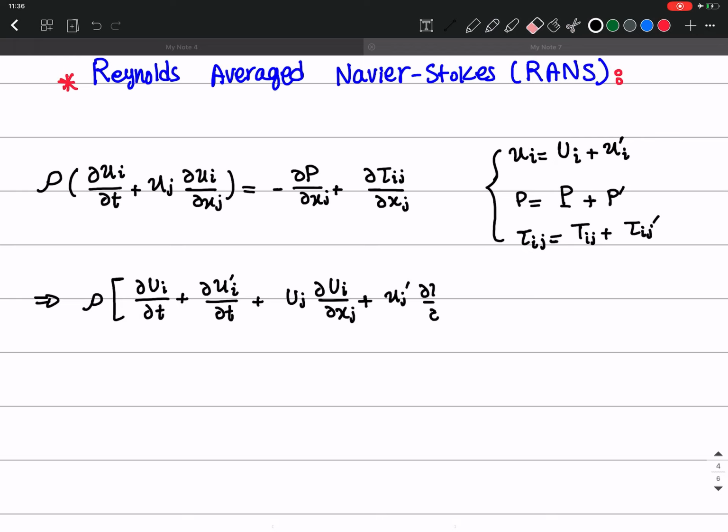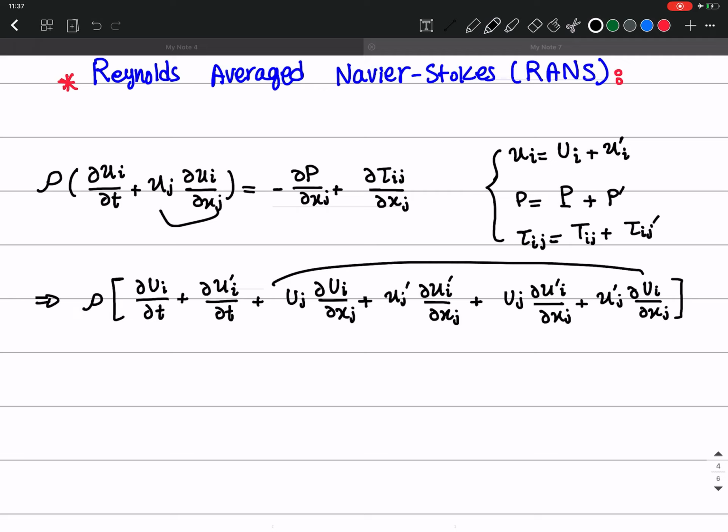Then the other terms will be the cross terms, which are uj partial u prime i over partial xj, and then the last term would be u prime j partial ui over partial xj. Okay, so these are all the terms.